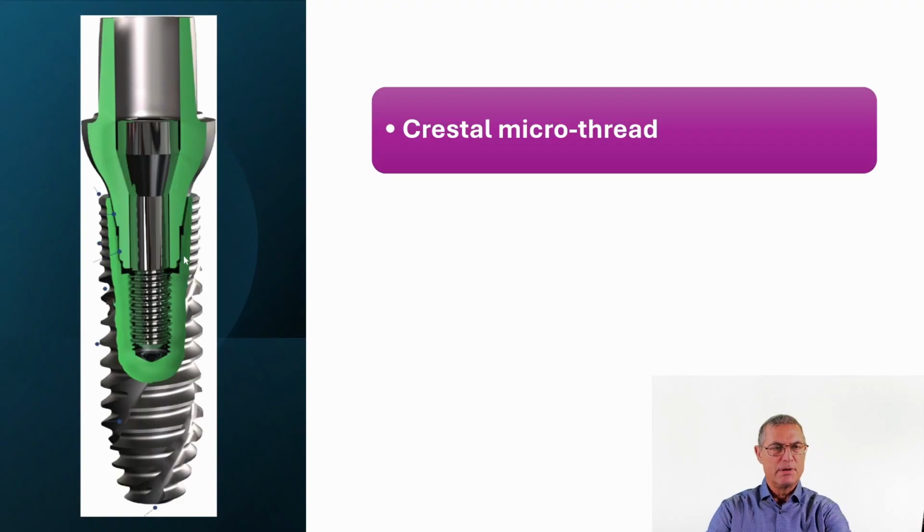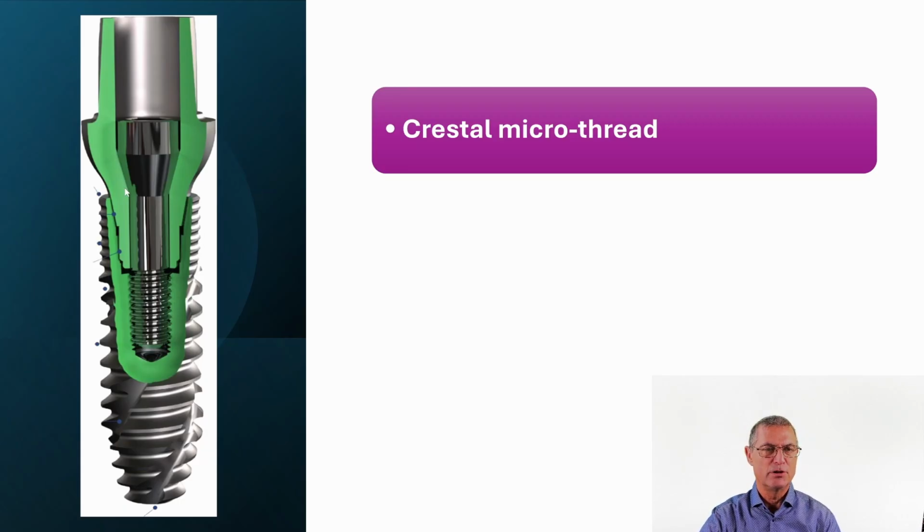So now we come to my implant system. It's a Meoplant system. You know, all these screws, the systems on the market are of course different. This one has in the crestal part these micro threads, which is important if you have a hard, compact bone.